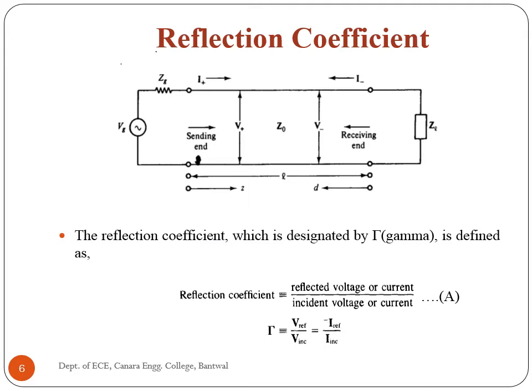The voltage and current at any point along a transmission line can always be resolved into forward and reflected traveling waves given a specified reference impedance Z0. In terms of the forward and reflected waves determined by the voltage and current, the reflection coefficient is defined as the complex ratio of the voltage of the reflected wave to that of the incident wave. This is typically represented with a gamma and can be written as equation A.